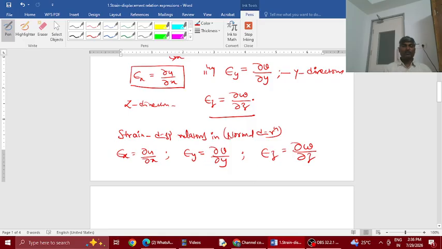So these are the strain displacements for normal strain.